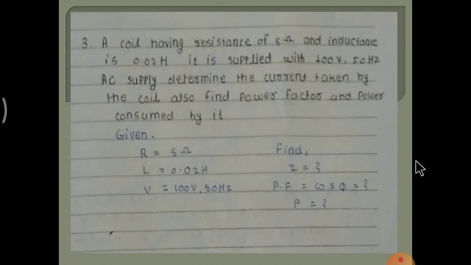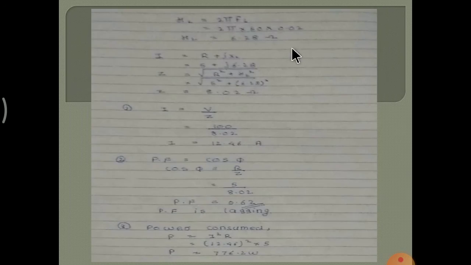So first we have to calculate the value of XL, because to calculate Z we require the value of XL. Z is required to calculate I, that is current.